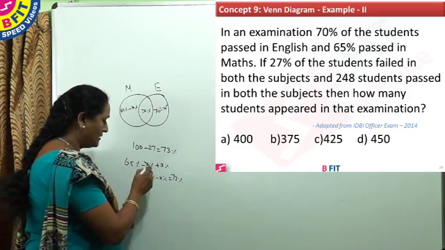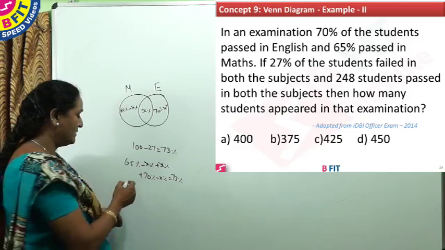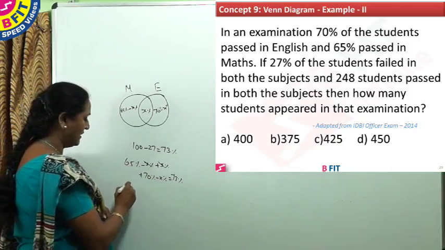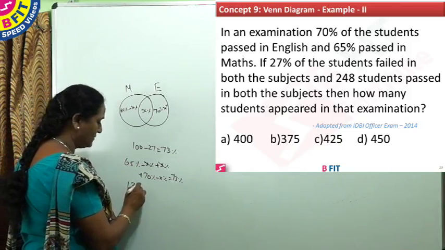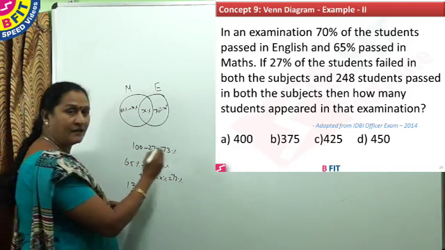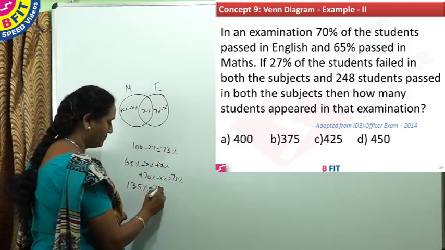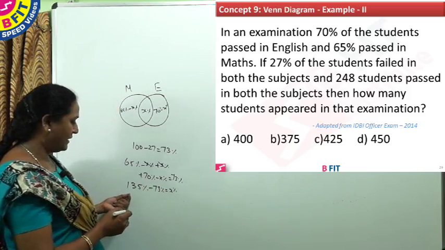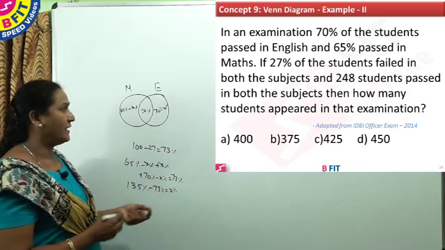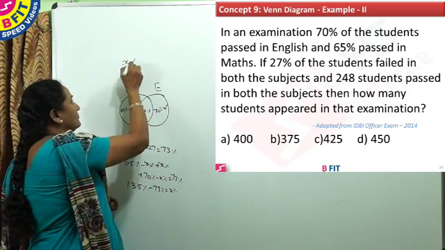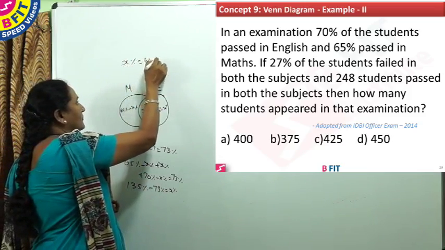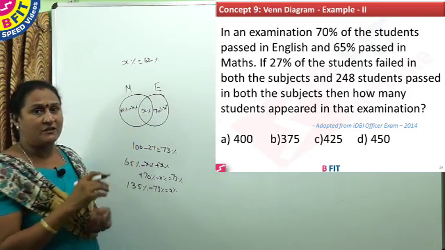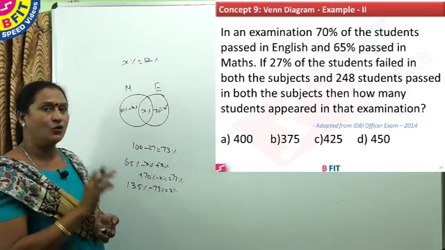Now cancelling this minus X and plus X, we have 65 plus 70, which is 135%, and sending this X% to the other side, equal to X%. Now subtracting, we get 62% as X. So it means that 62% of the students passed in both the subjects.